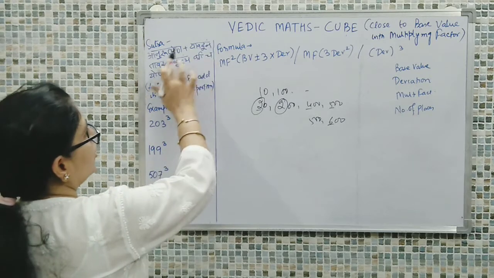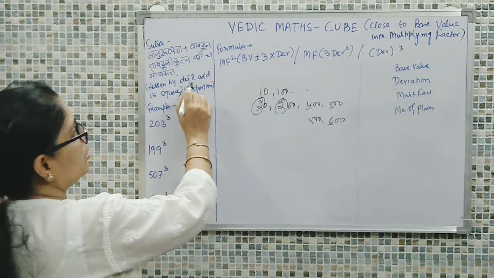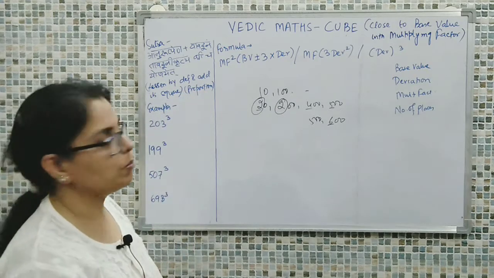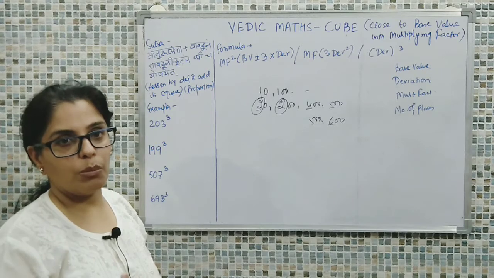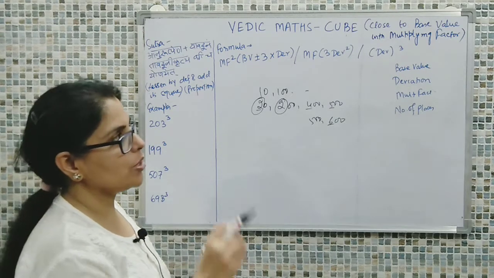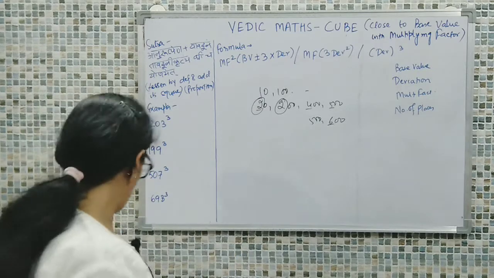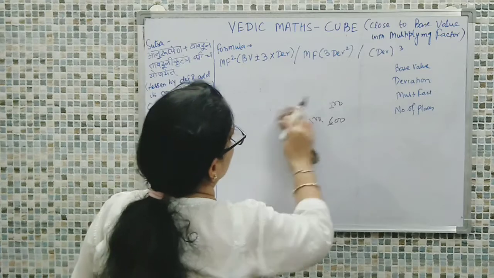The next part, Yavadunam Tavaduni Krit Cha Yojayet, means lessen by the deficiency and add the square. Whatever the deficiency or excess is, depending on that deviation we incorporate the calculation for computing the cube. Right. Now coming to the examples.